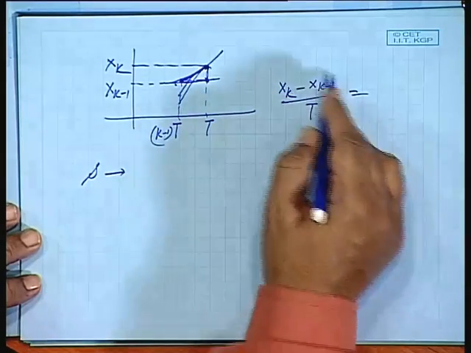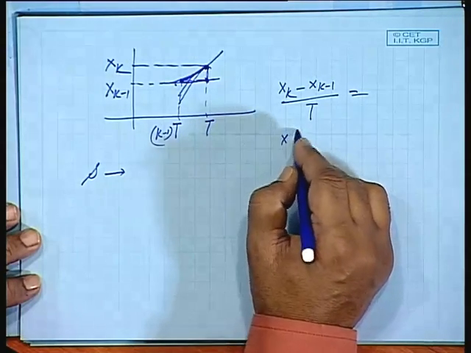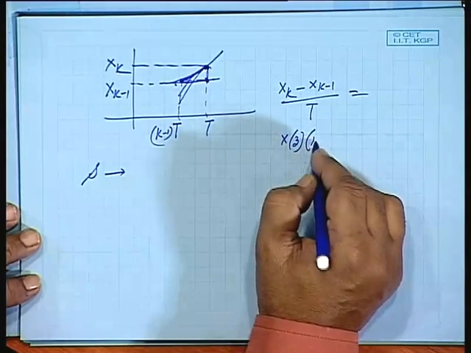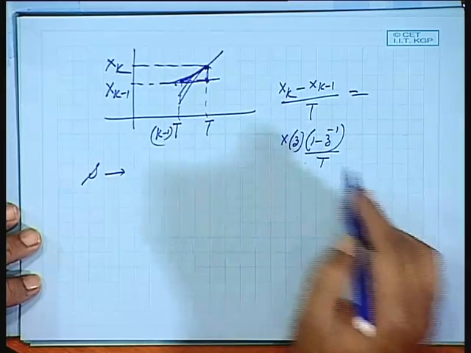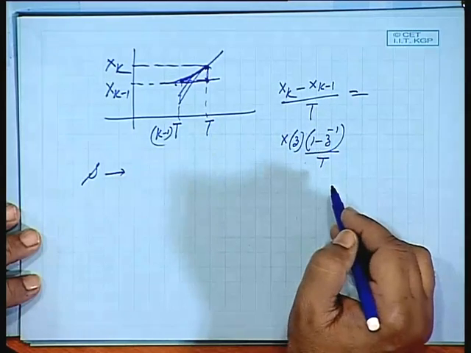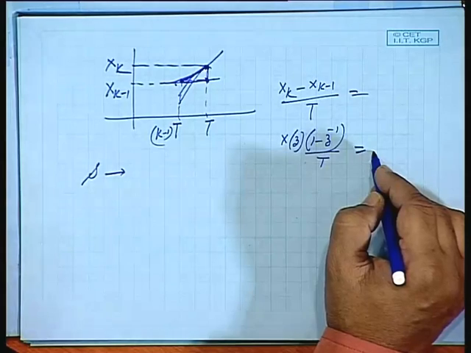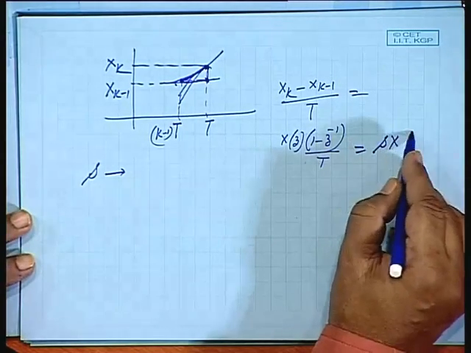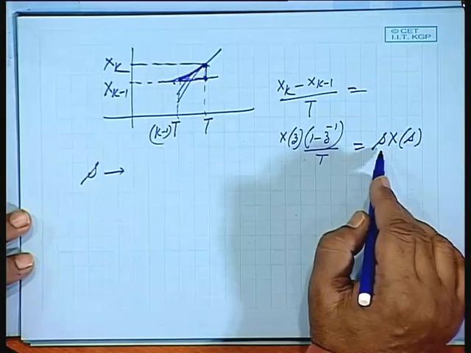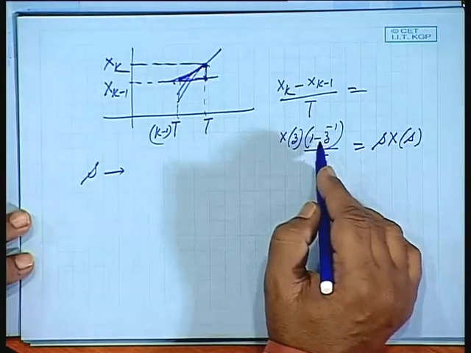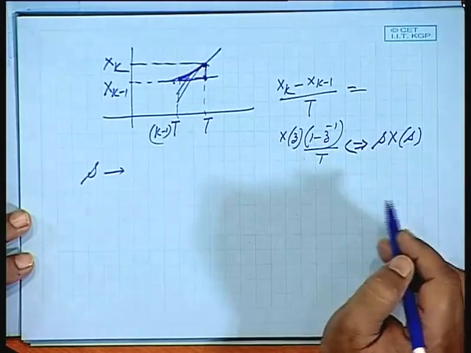replaced by, if I take the z transform of this, what do I get? X(z) into 1 minus z inverse by T. Okay. So, X(z) into 1 minus z inverse by T is equivalent to, in the s domain, continuous domain, s times X(s). All right. Derivative of x is, in the discrete domain, derivative of x on this. So, we are trying to equate these two quantities.